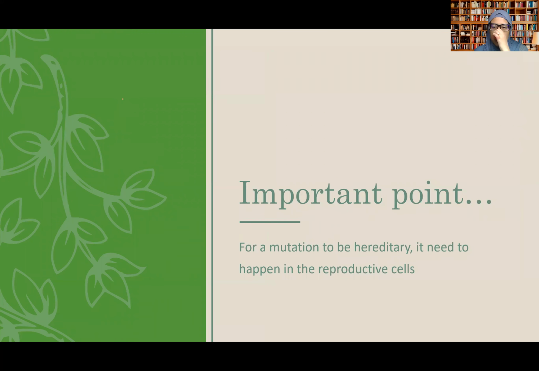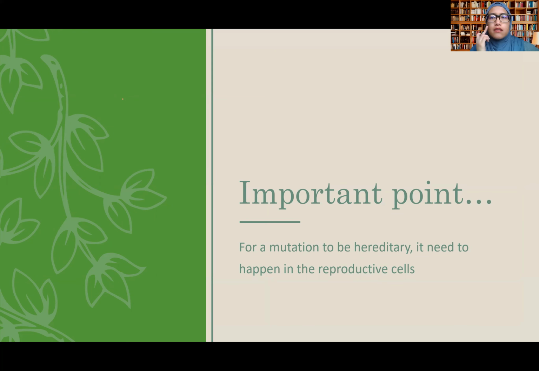Okay. However, important point, for a mutation to be hereditary, it needs to happen in the reproductive cell. So for example, like I said, if you go under the sun without your sunscreen on, and then you develop a mutation on your skin, that mutation will only affect that part of your skin.